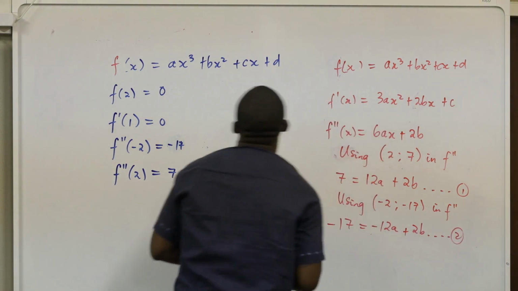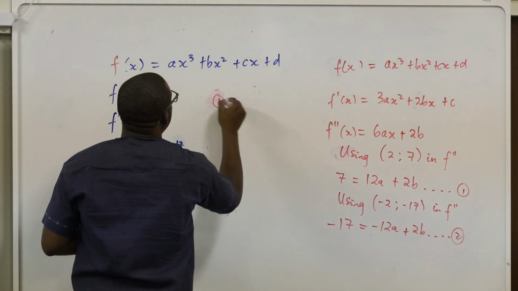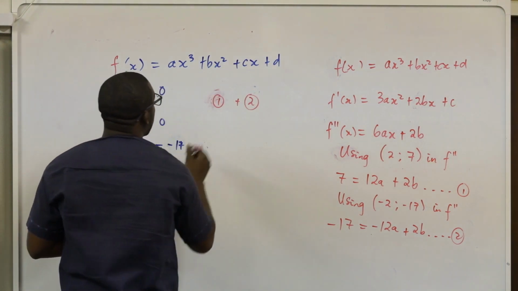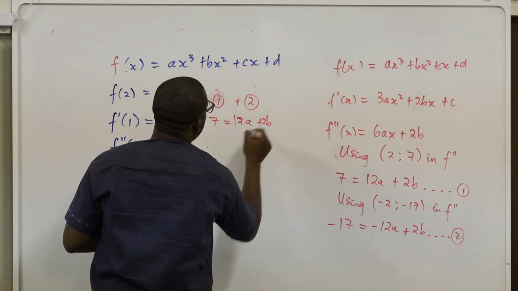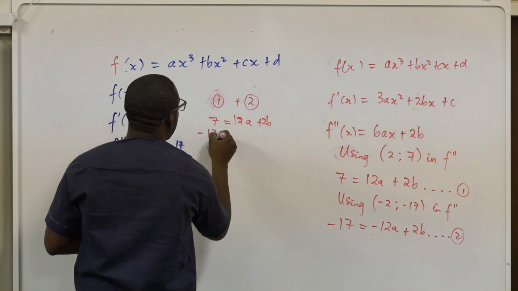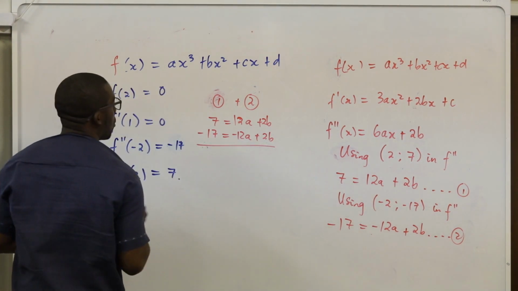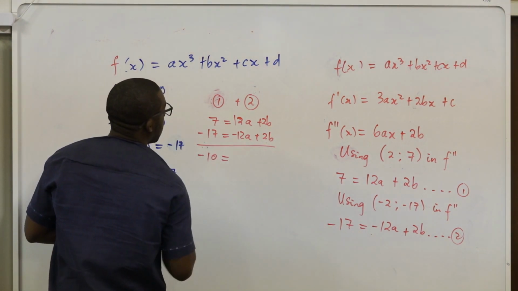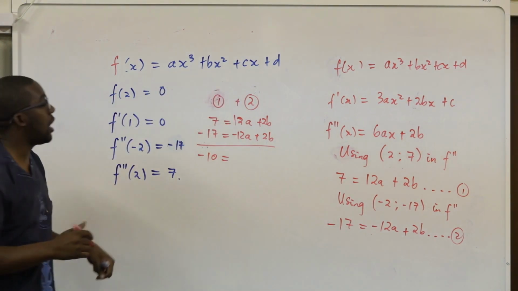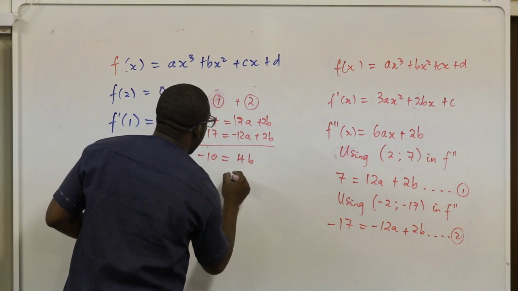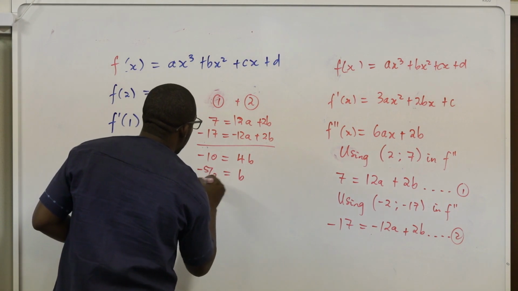Equation number 2. If I add those two equations, you're going to get negative 10. This eliminates a, because it's 12a minus 12a. This leaves us with 4b, so b is equal to negative 5 over 2.